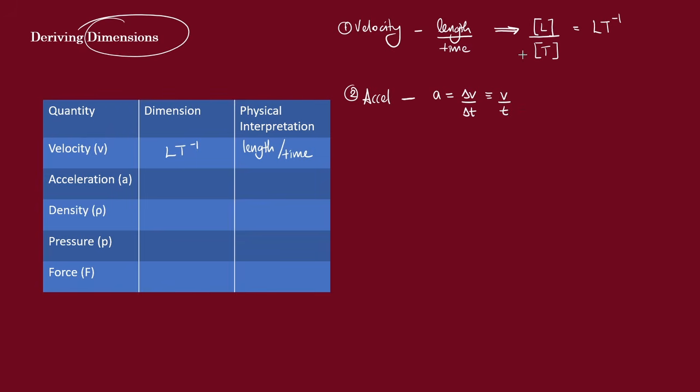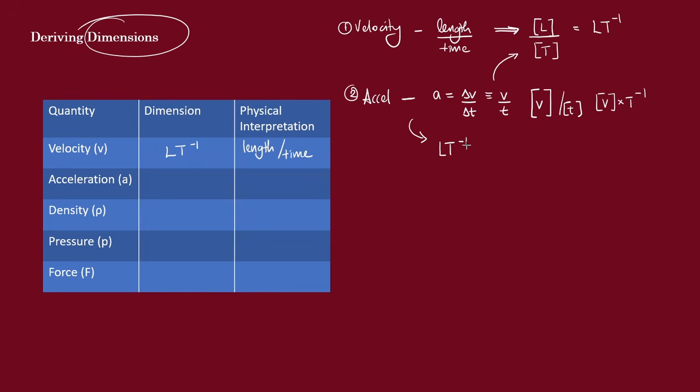Remember we just derived the dimensions of velocity to be LT raised to the power minus 1. So all we have to do is divide that again by time, which is the same thing as velocity times time raised to the power minus 1.